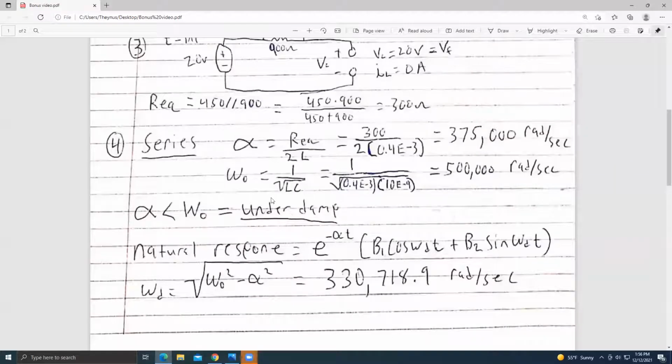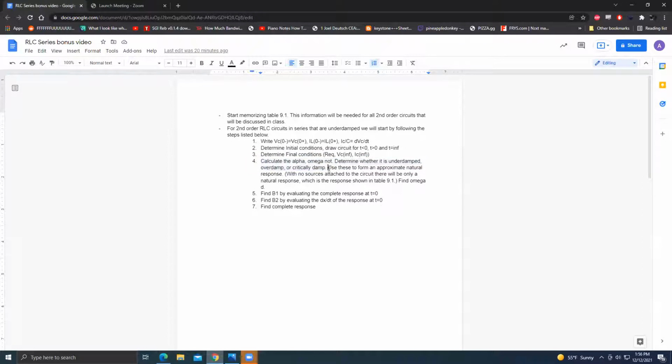All right, looks good. At this point, we should go back and we see that we need to use this now to form an approximate natural response. What's important here is when there are no sources attached, the circuit will have only its natural response.